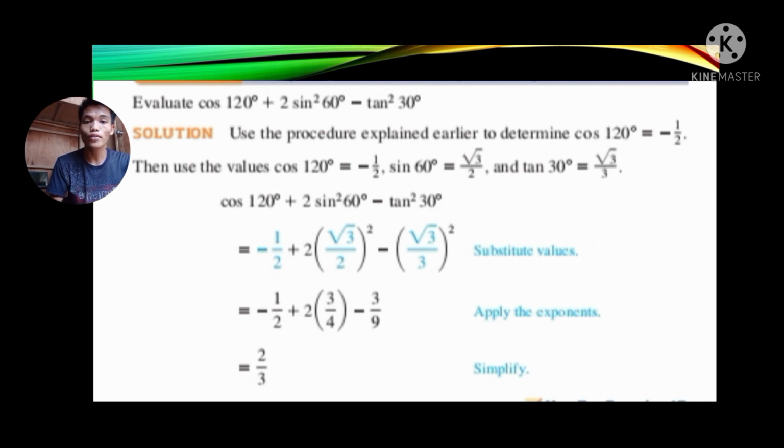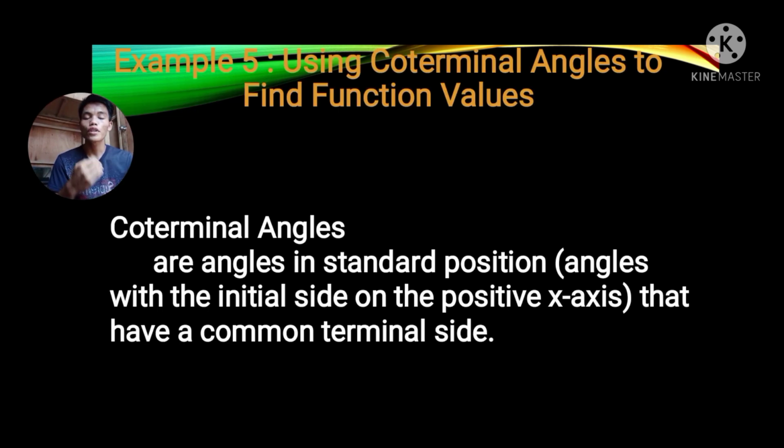So therefore we have 3 over 9. Now we are going to simplify. So the answer is 2 over 3. And that is the answer for the situation where we use function values to evaluate the answer.